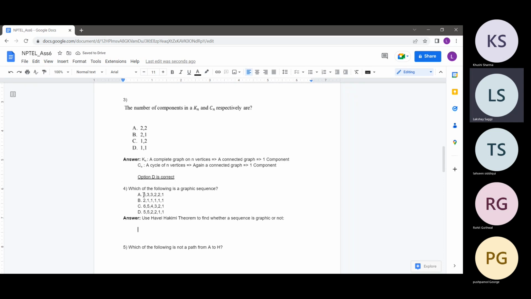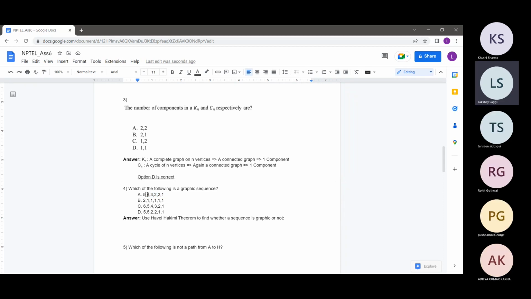What we say is this will be a graphic sequence if and only if, suppose we remove this 5 and decrease the degrees of the first 5 entries by 1, then that sequence should also be a graphic sequence. If that is not a graphic sequence, then this sequence is not a graphic sequence.